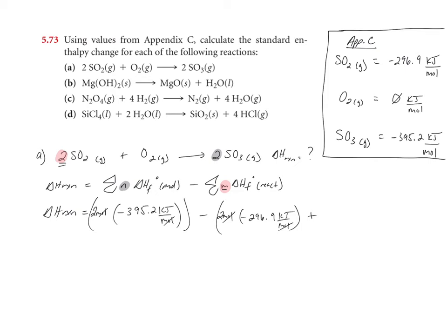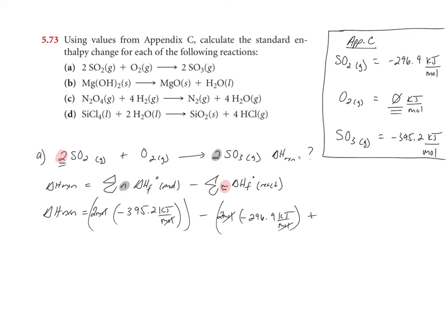Now O2, according to the definition of what O2 is, it's an elemental molecule. So it's in its simplest form right now, thus it can't be formed, because the enthalpy of formation is the enthalpy required to form 1 mole of the compound. But since O2 isn't a compound and it isn't formed, it's naturally occurring on Earth, without being formed from other substances, it has an enthalpy of formation of 0.